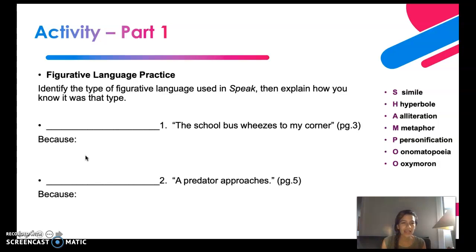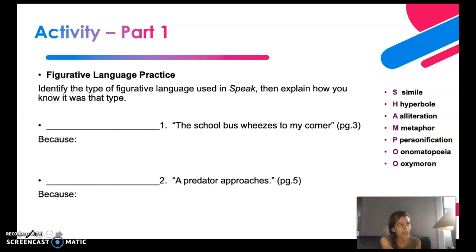Okay, Carla. So what literary device is being used in this quote? I say the literary device that's used in this quote is hyperbole because a bus obviously can't wheeze. But then it could also be a metaphor because it's not using like or as, but if the bus is really old and cranky, it could sound like wheezing.